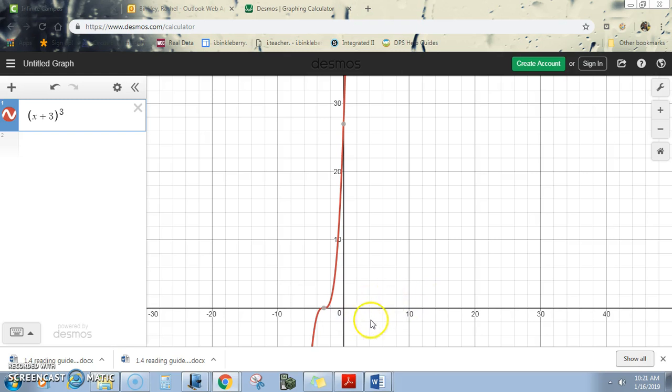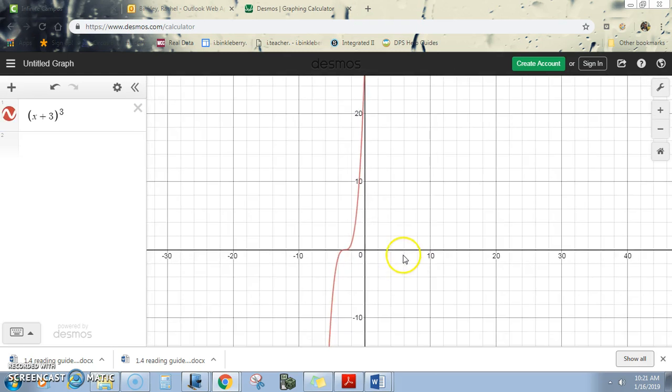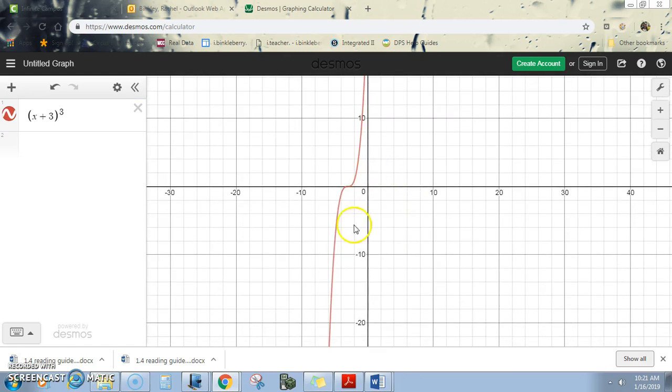Now, with something that's degree 3, because it's an odd degree, one side is always going to be going down and one side's always going to be going up. Because that's the case, anything that has an odd degree has to touch at least once. And that is not the same for something like a parabola.